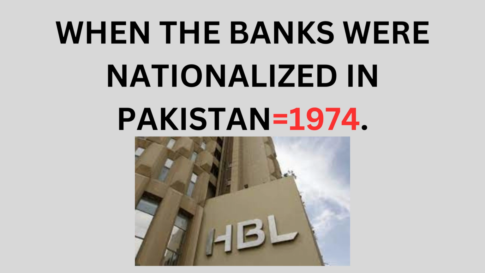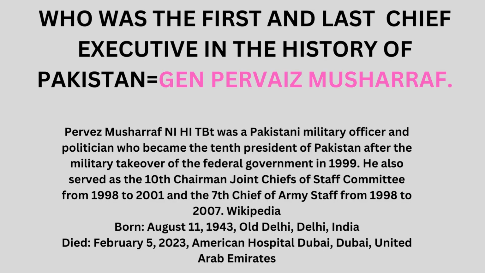All the banks in Pakistan were nationalized by Zulfikar Ali Bhutto in his nationalization policy in 1974. And who was the first and last chief executive in the history of Pakistan? Pervez Musharraf was the first and last chief executive in the history of Pakistan.